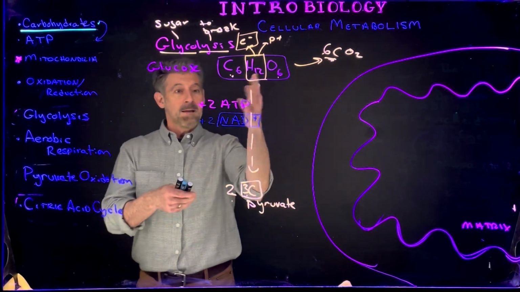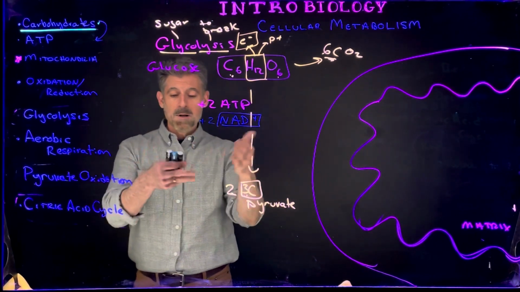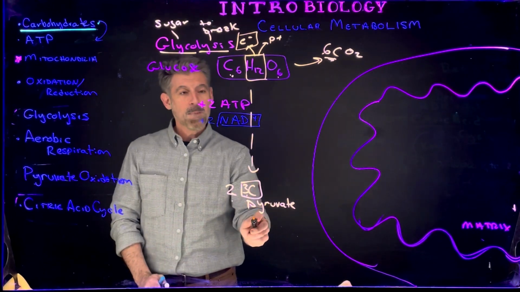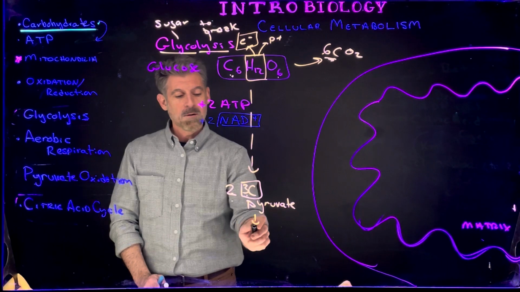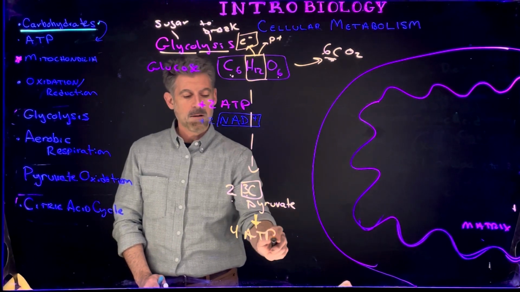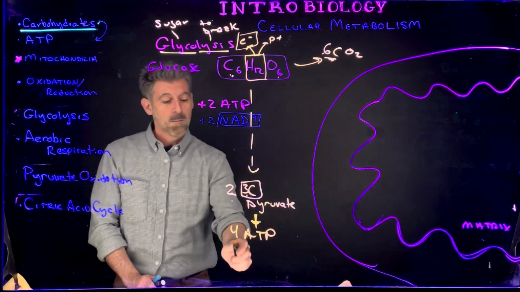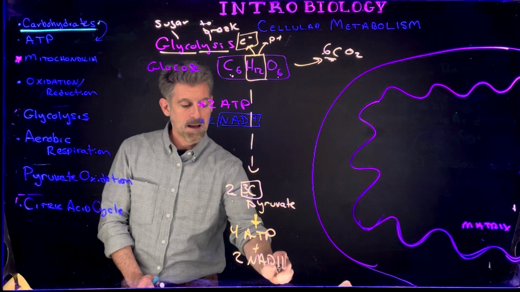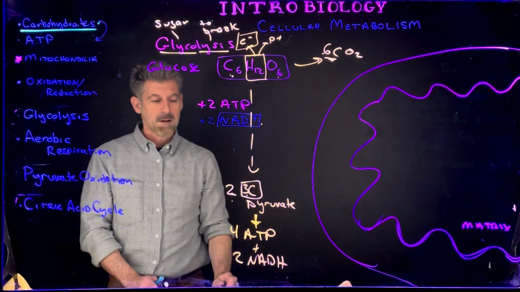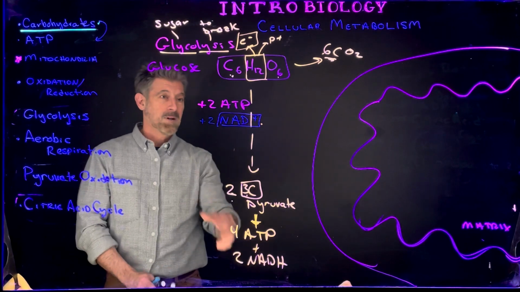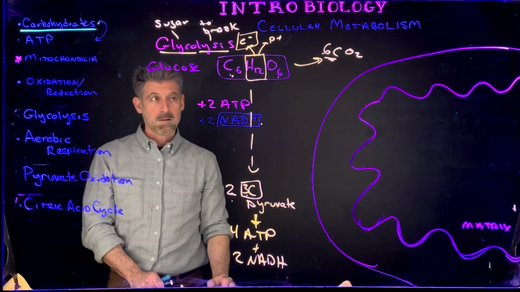In the end, as these things are used up and broken down and these 10 reactions of glycolysis occur, we're going to make these 2 pyruvate molecules. We're also going to make 4 ATP molecules. And then we're going to make 2 of these things called NADH. So it's where we're going to add something to that.